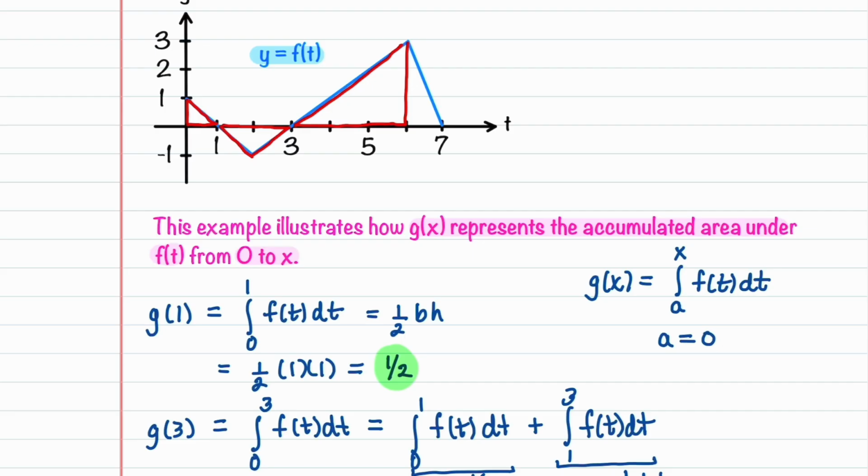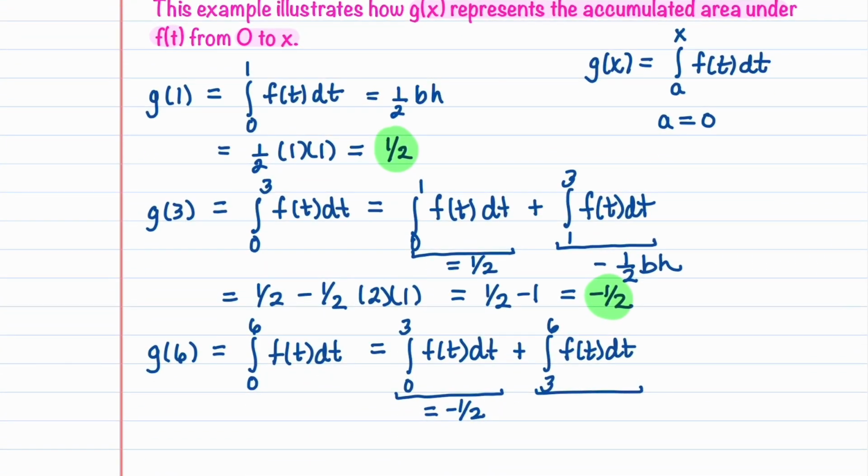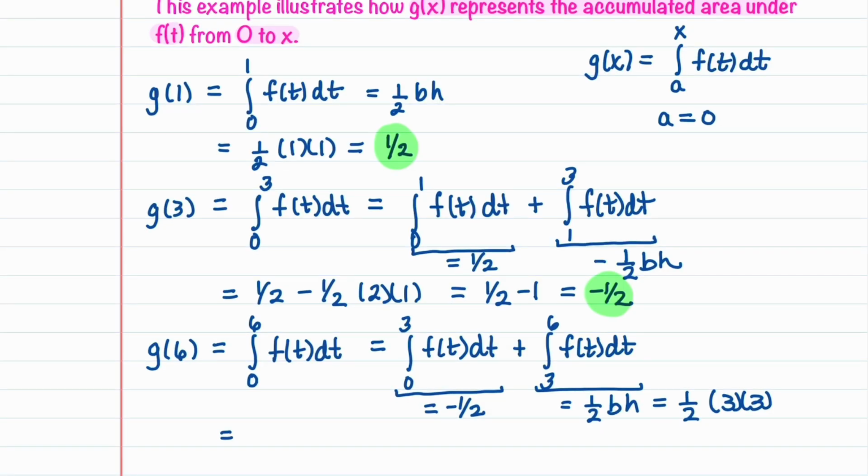And this triangle has a base of 3 and a height of 3. So this part is going to be 1/2 base times height, and this is 1/2 times 3 times 3. Let's see what this gives us. We have minus 1/2 from our first integral, and then we have 1/2 times 3 times 3, which is 9 over 2.